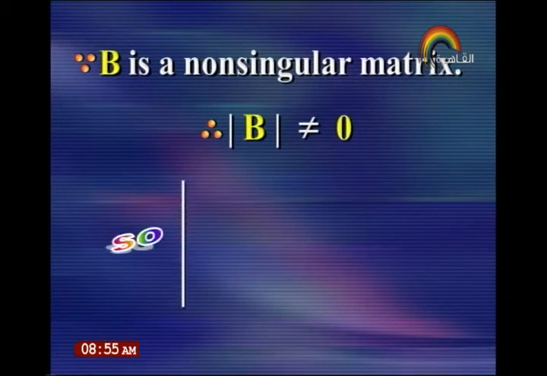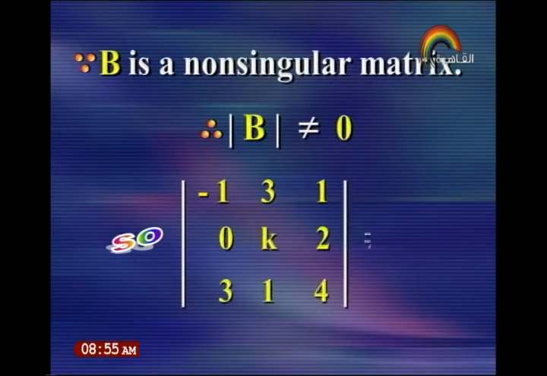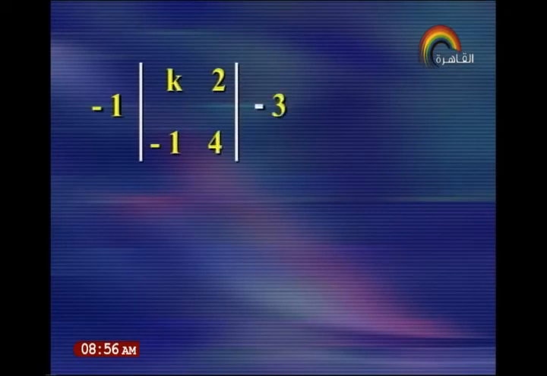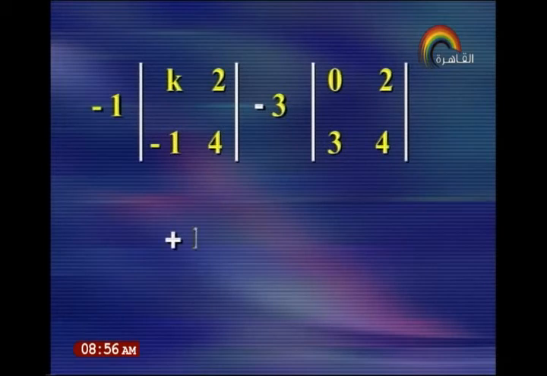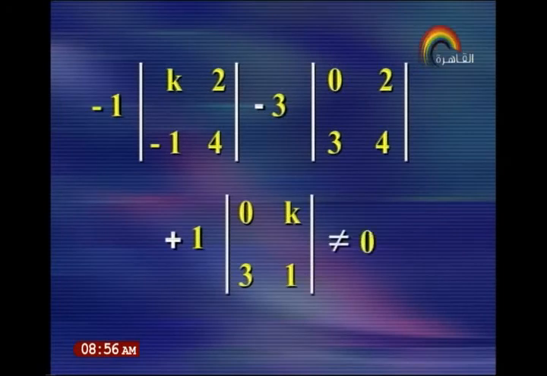Then we find the determinant of B and we put not equal 0 by using the first row: -1 times the small determinant k, 2, 1, 4, -3 times the small determinant 0, 2, 3, 4, plus 1 times the small determinant 0, k, 3, 1 not equal 0.